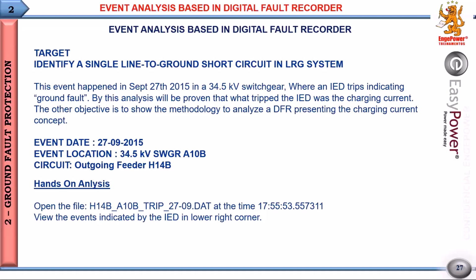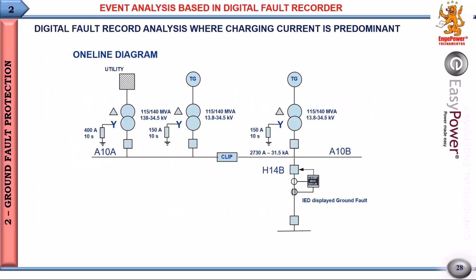We had the digital fault recorder, and we analyzed this event for the customer. So this is the one-line diagram for this event. This plant is a huge plant, but here we put just what is interesting for us.